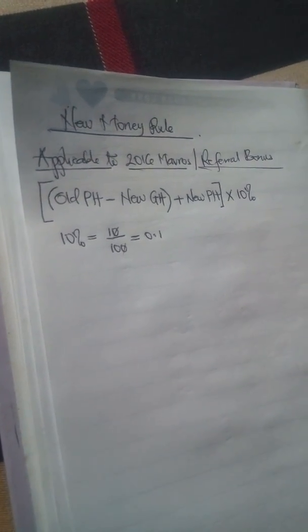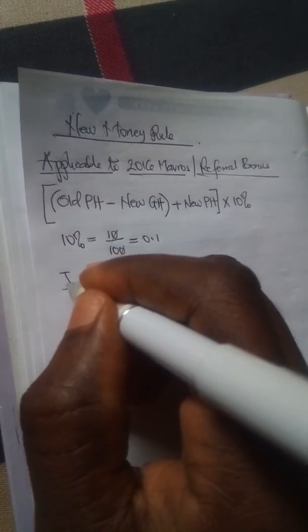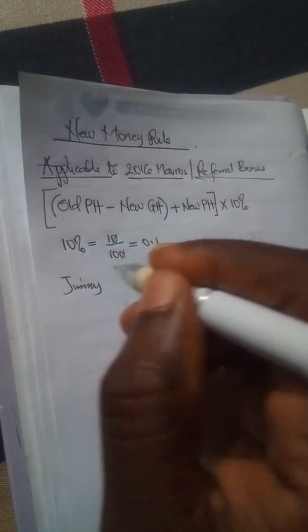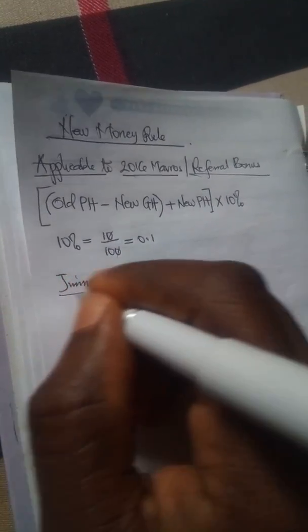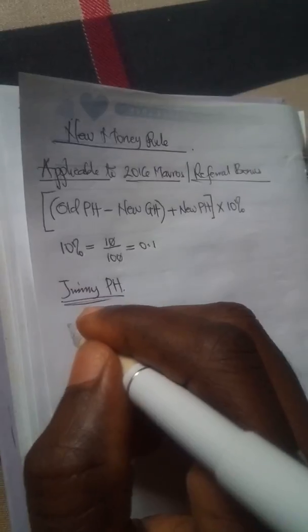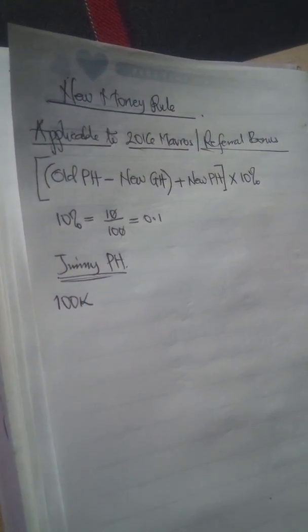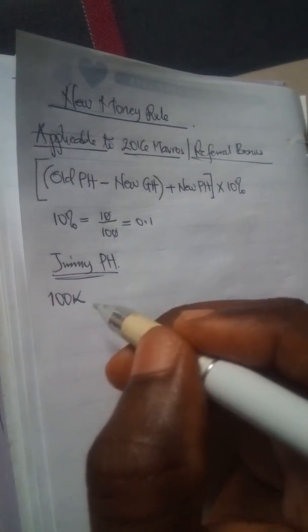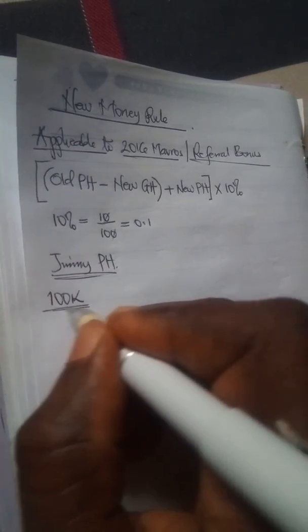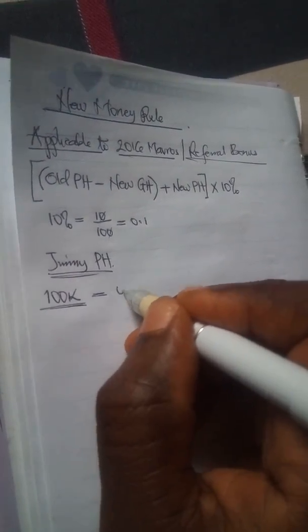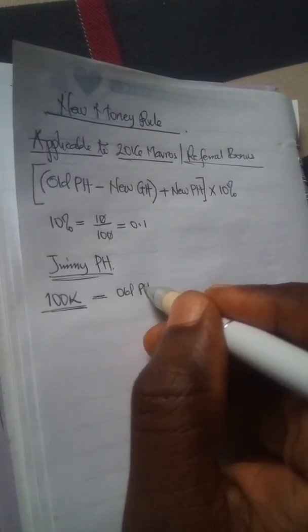Now let's take Jimmy's PH for example. Let's say Jimmy's PH is 100K. The system considers 100K as the old PH.